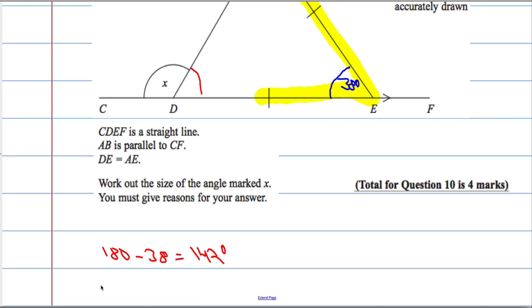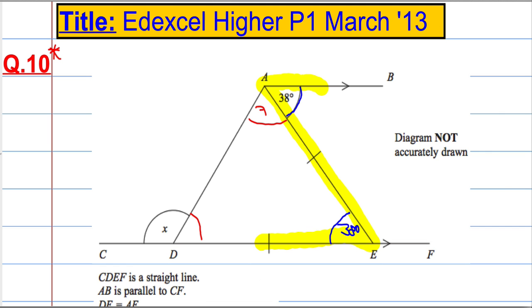And then we need to divide that by 2 to get the value of one angle. So 142 divided by 2 equals 71. So that is 71 degrees, and that is also 71 degrees.